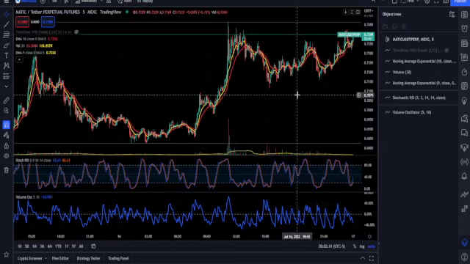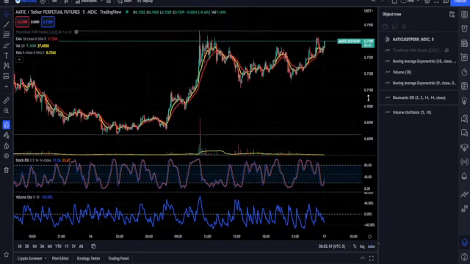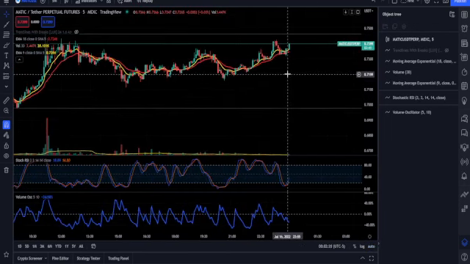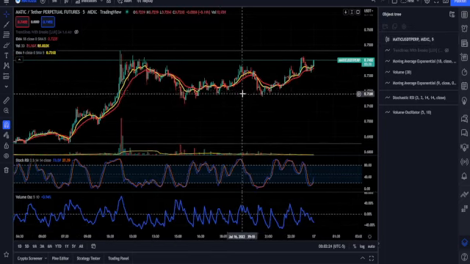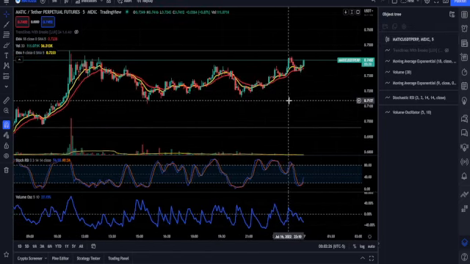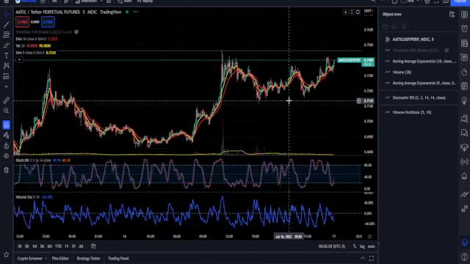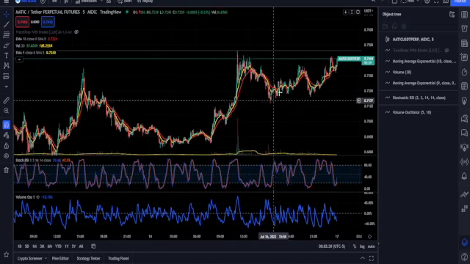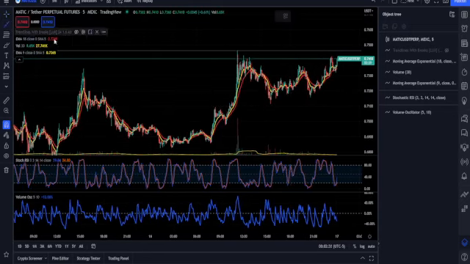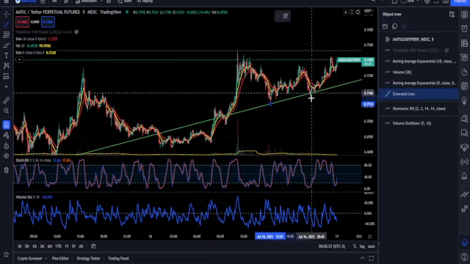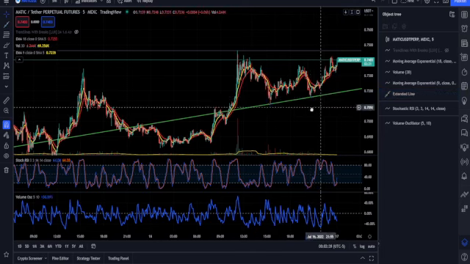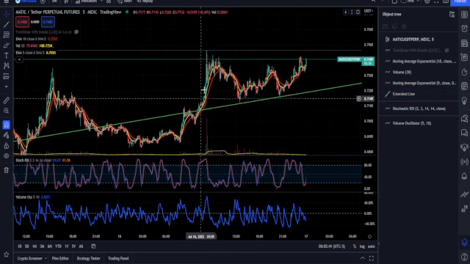Alright. This is current price action right here. And what we can see straight off the bat here is we've got an uptrend, and not just one. We've got multiple uptrends here. So this is current price action, and we've got a nice uptrend right here.